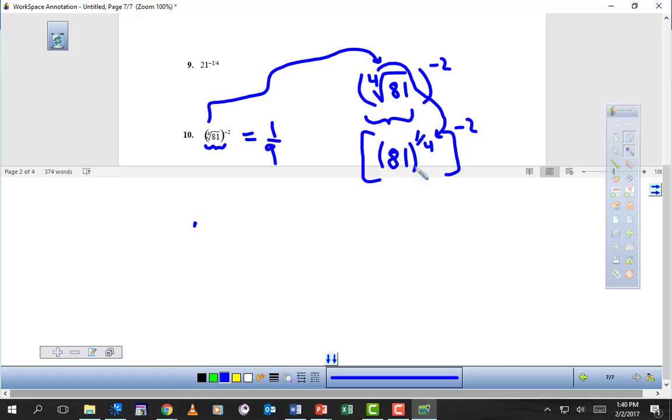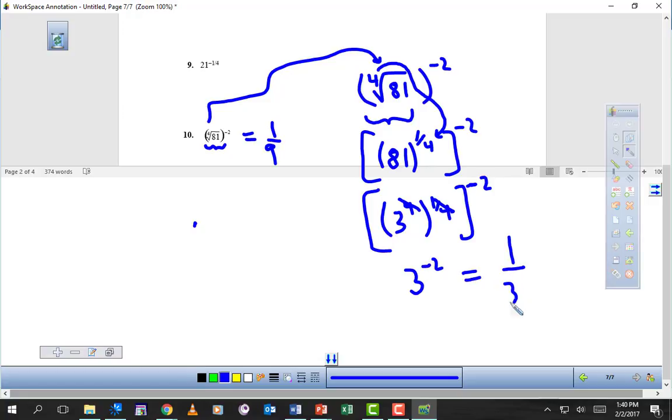Now remember, when you're doing it this method, if you know a number that's to the 4th power, you can cancel off that denominator. How about 3? So you could then write this as 3 to the 4th power to the 1/4 power, and then write that to the -2 power. And now, in this situation, you multiply the exponents so they cancel, and so then you end up with 3 to the -2, which of course is 1/3 squared, which is equal to 1/9.